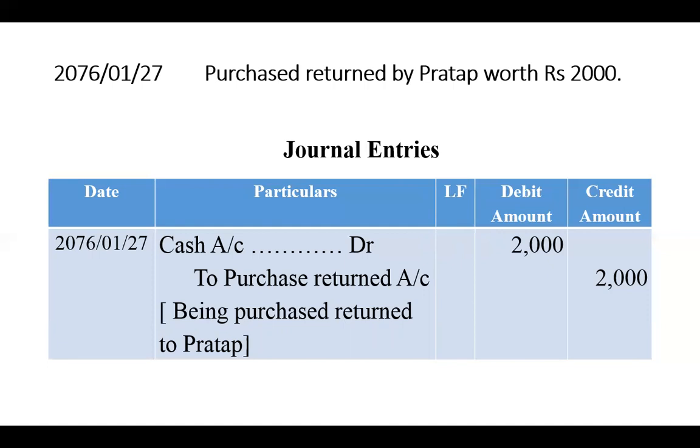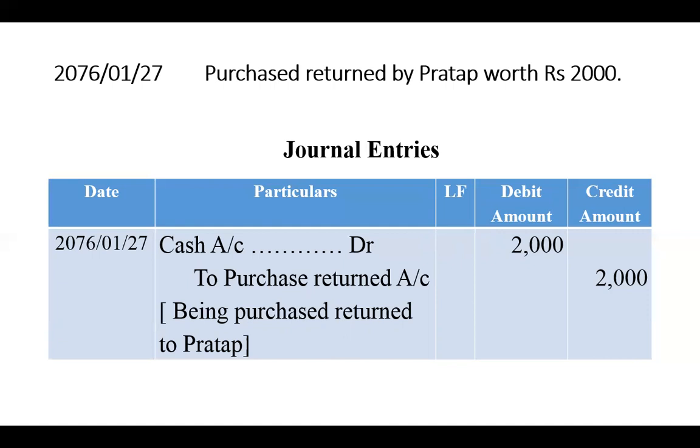So purchase will be in the debit side, but if it is purchase return, you need to write it in the credit side, because you are returning whatever you have purchased. Suppose you have taken Wi-Fi from a retailer shop, but now you don't need the Wi-Fi. So you return that Wi-Fi back again.